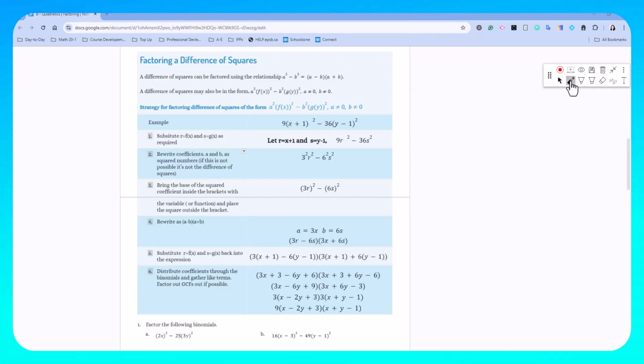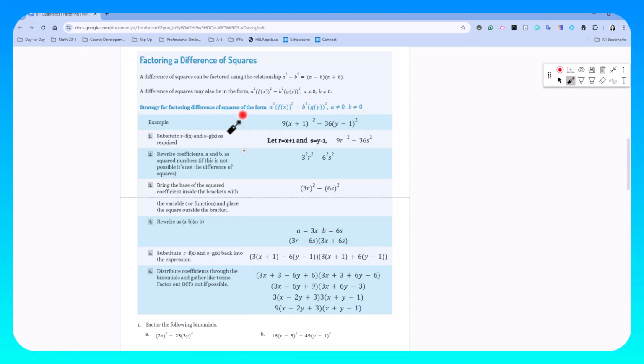Okay, so let's look at factoring a difference of squares, not for the basic type that we've been used to looking at, but for the type where rather than just an x or a y in here, we have a function f of x or g of x. Let's look at a good strategy.